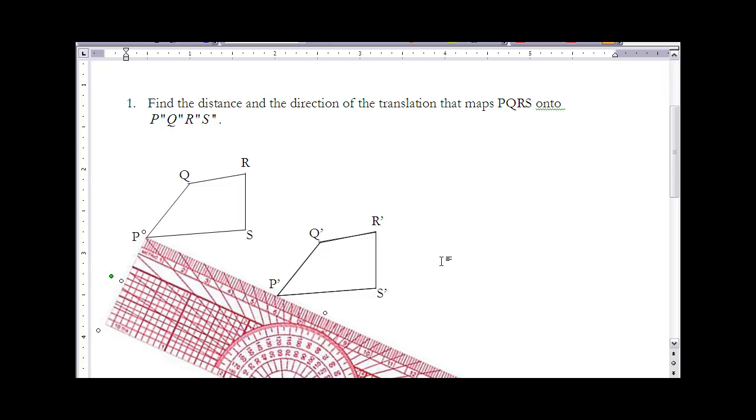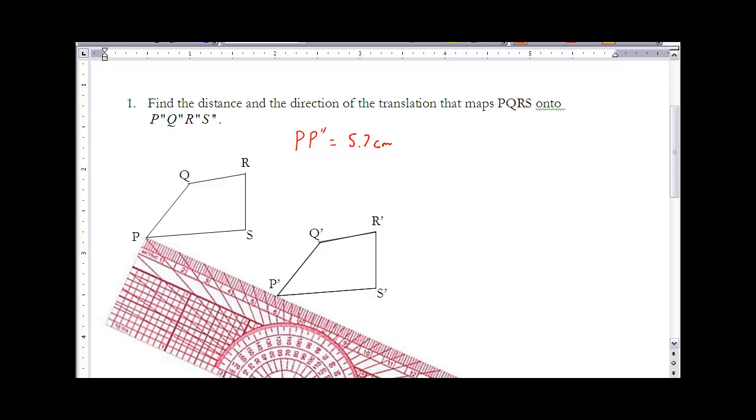So the distance, which I can write as the length from P to P double prime, is equal to 5.7 centimeters. That represents the distance.